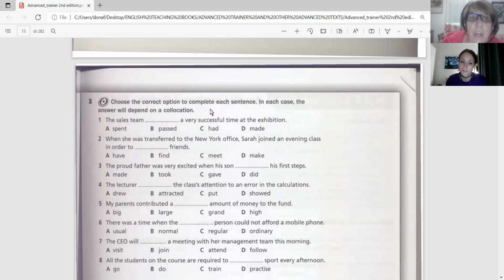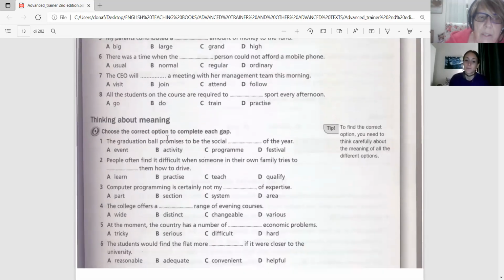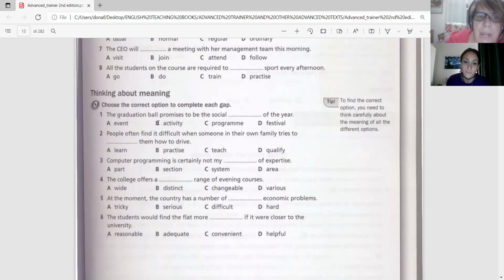Okay, choose the correct option to complete each sentence. In each case, the answer will depend on a collocation, per cui di nuovo collocation, ok? Perché vedi spent, past, had and made. Ma quale sarà giusta? Potrebbero sembrare tutte e quattro giuste, ma una sola si usa con a very successful time. Provaci, thinking about the meaning.